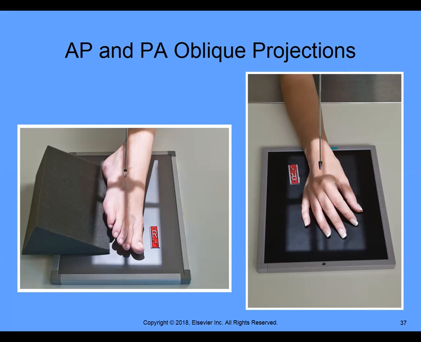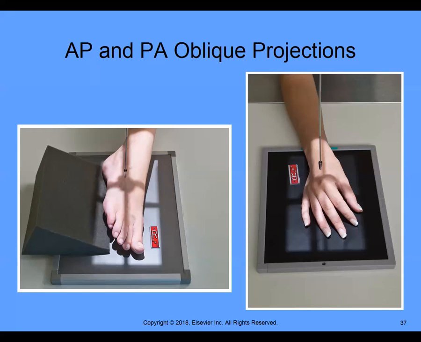Anytime we rotate an anatomical body part, we're going to use the term oblique. In this case, we're using the term oblique because the plane that we're using is the oblique plane, right?